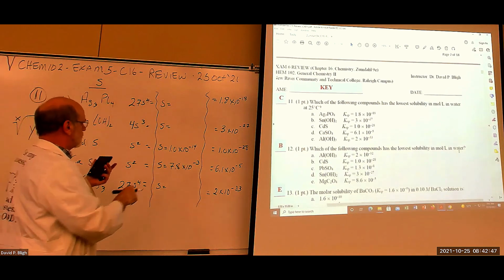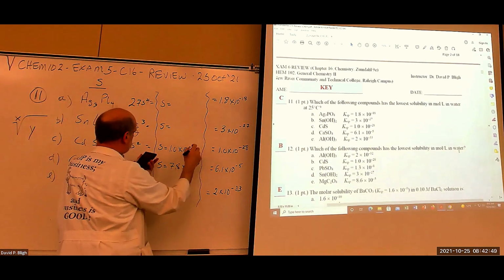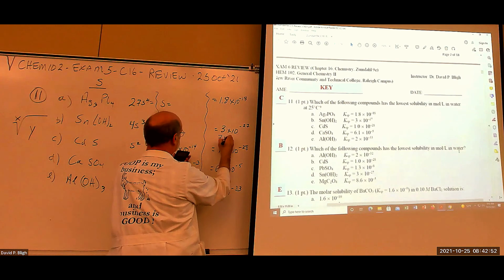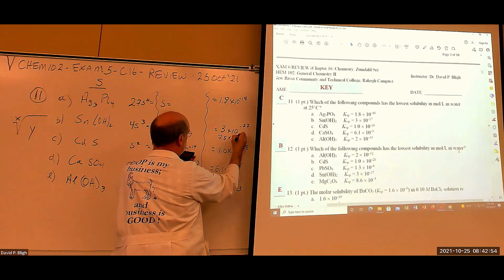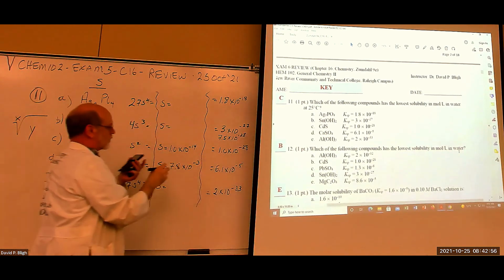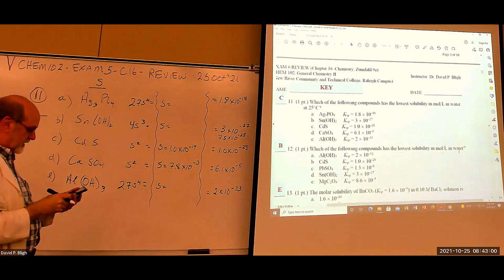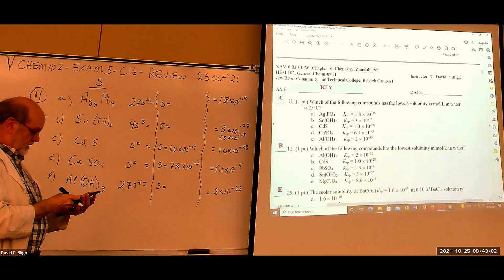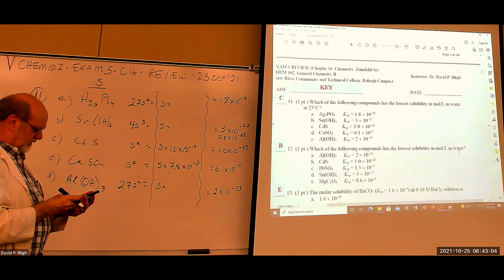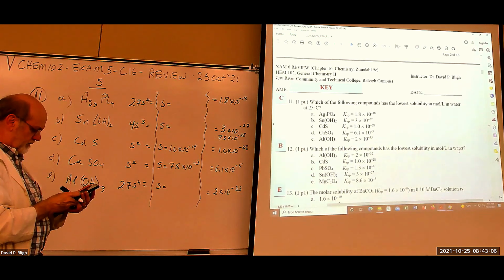Dividing 4 into this one, I got 7.5 times 10 to the minus 28. So try taking the third root of that. I'll do the same thing in mine. There it is.